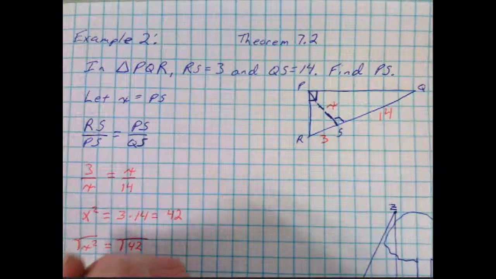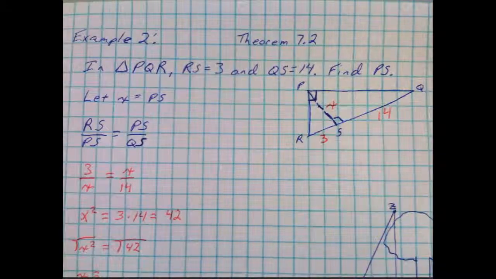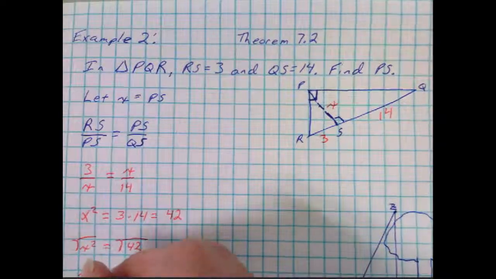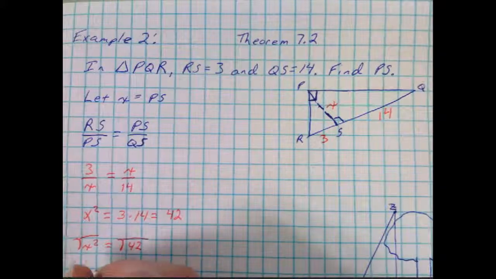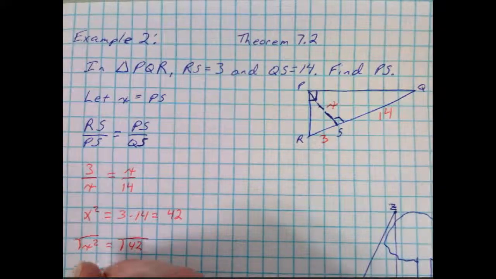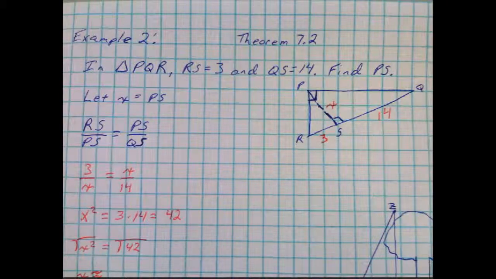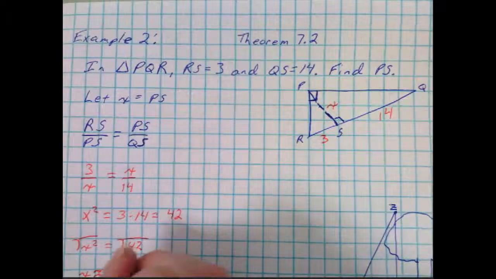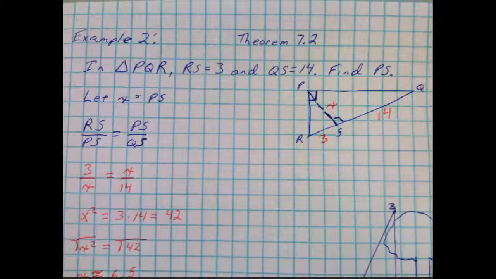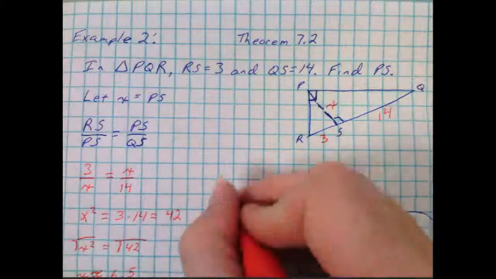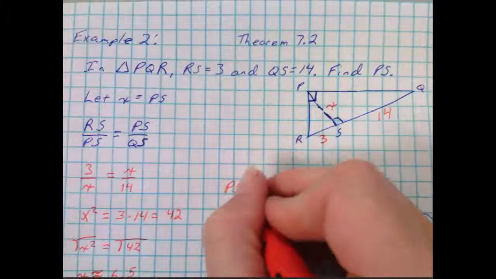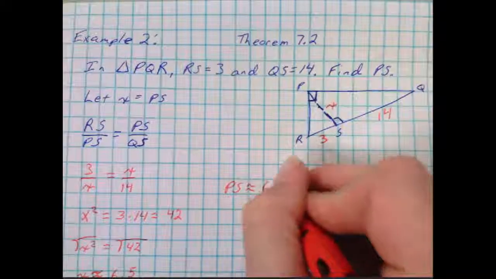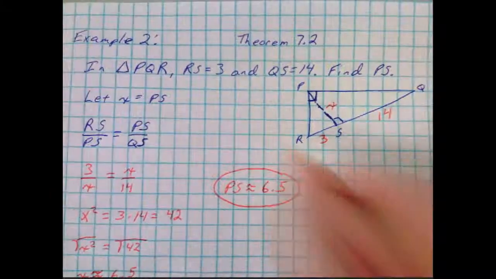So we end up with x equals, and let's see, that's going to be approximately, I'm going to plug that into my calculator because it's not going to come out evenly. So that's approximately 6.5. Okay, so PS is approximately 6.5.